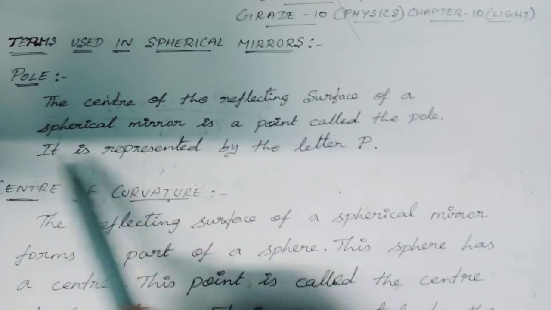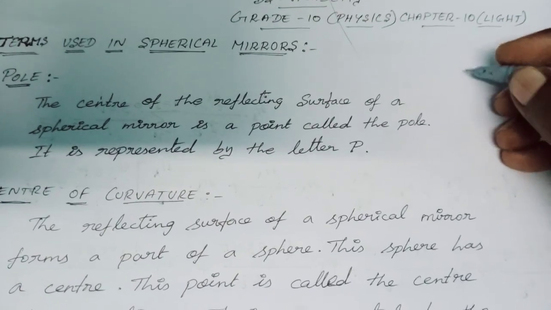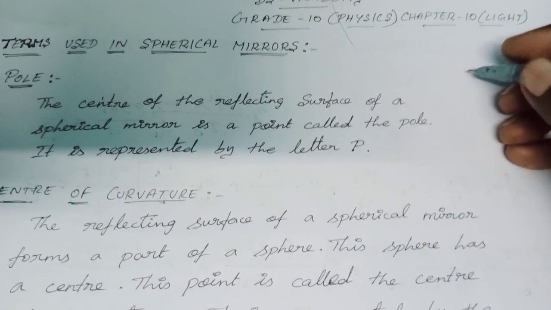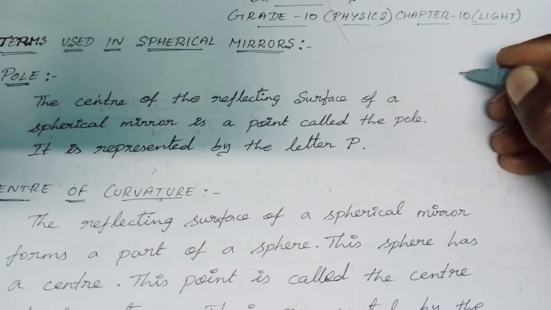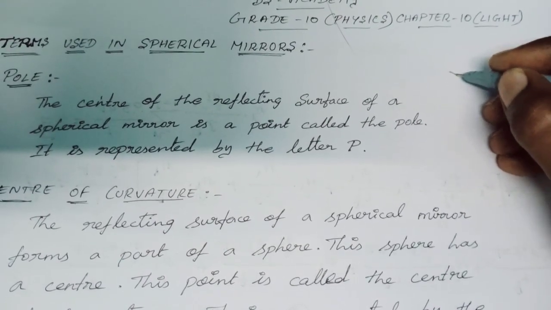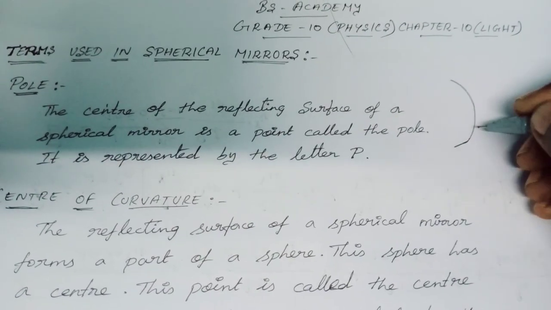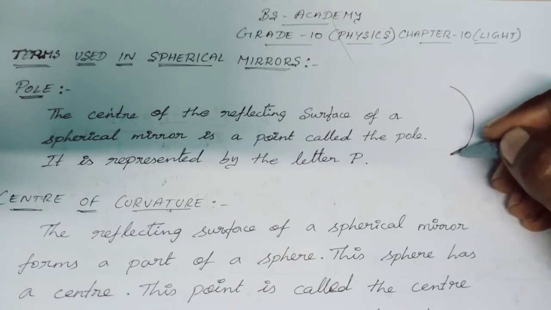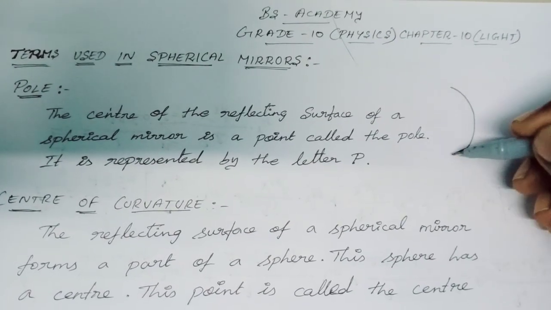Now, we know how to draw the concave mirror and the convex mirror. This is the reflecting surface of the concave mirror, and it is a part of a sphere, as we already discussed in the last video.